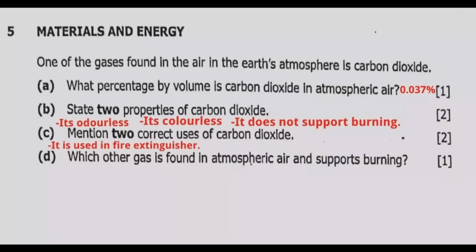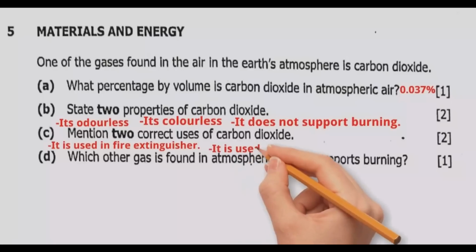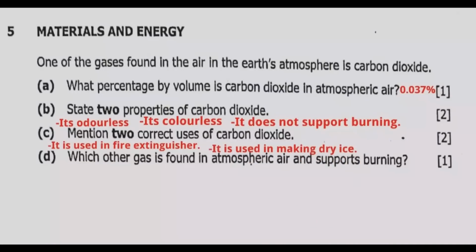The other one is, it is used in making dry ice. The other one is, it is used in baking. So those are the 3 uses of carbon dioxide, but you can pick 2 from those 3.